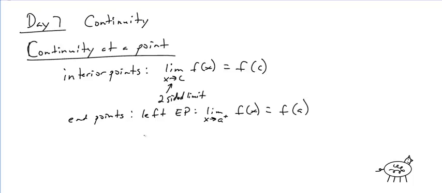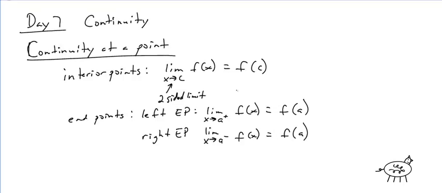And for the right endpoint, the limit as x approaches a from the negative side of f of x has to be equal to f of a. Basically, for a left endpoint, coming from the right, that limit has to be equal to the value when you're there. Same thing with the right endpoint: as you're coming from the left-hand side, it has to be equal to the value when you're at that point. That's what the f of a is.